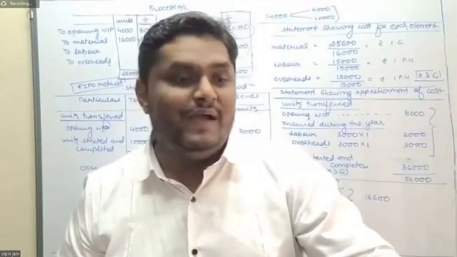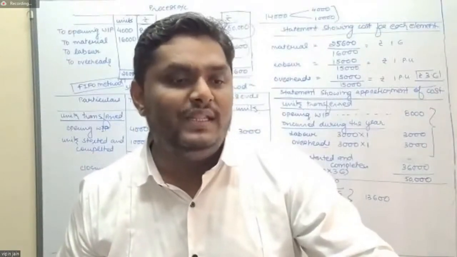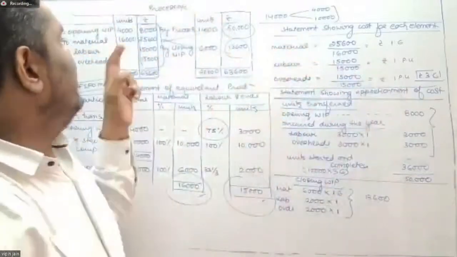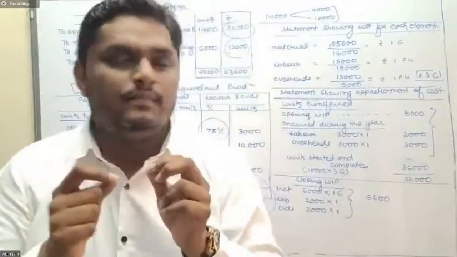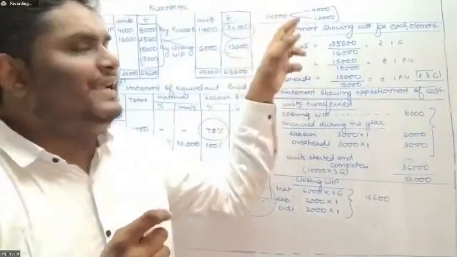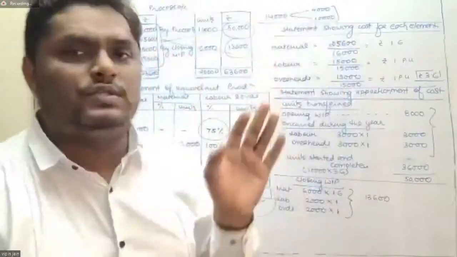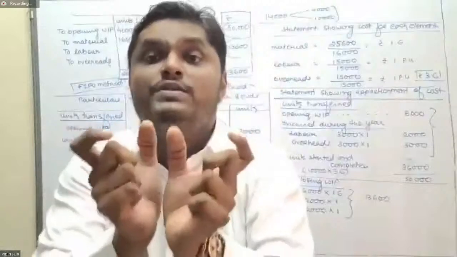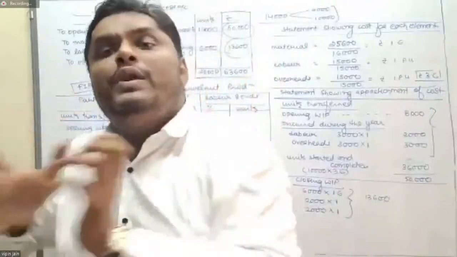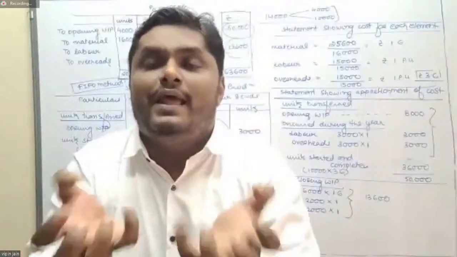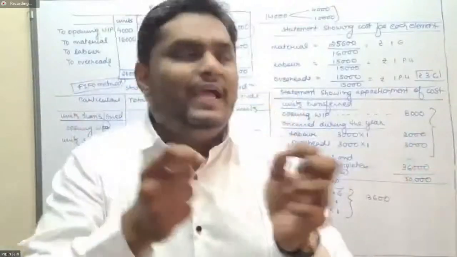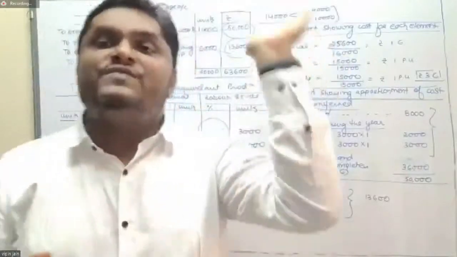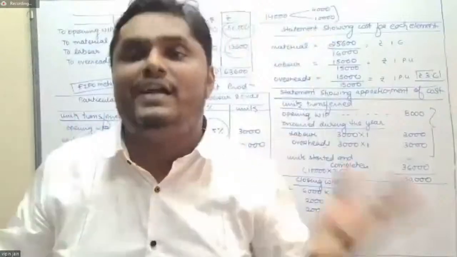Sambhavi Pandey asks, sir, why have you taken 100% cost of material in units started and completed? See, we have made an input of total 16,000 units. And the units transferred to the next process are 14,000 units. Of this, 4,000 units were from opening work in progress and 10,000 are the units that are newly introduced. So these are raw material, and raw material needs to be processed. That's why I have taken 100%. And further, the units are transferred to the next process only when they are 100% complete.